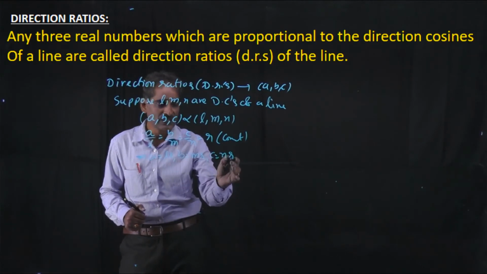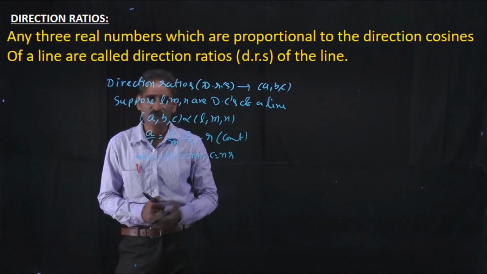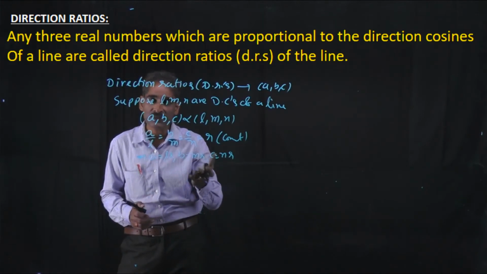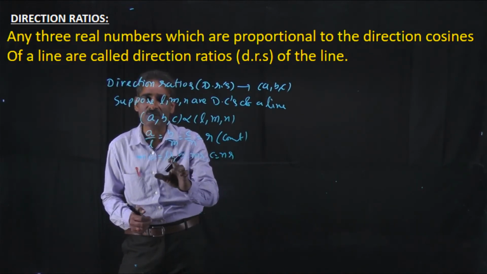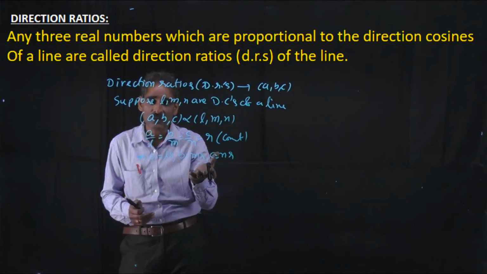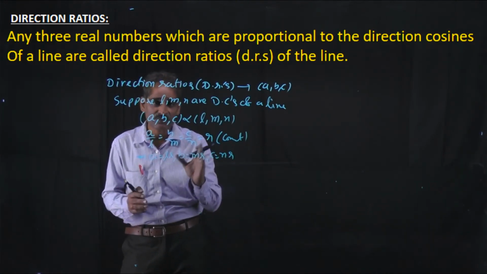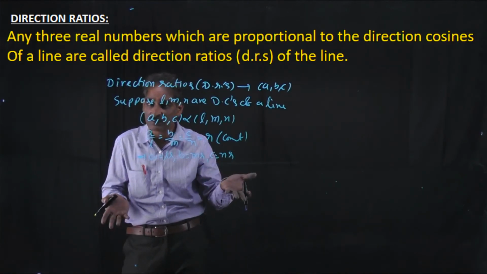Understand? If you take different values for r, we will get different sets of DRs for the same line. l, m, n are the fixed DCs for a line. So here we are getting different values of a, b, c for different values of r. From this formula, we can say that for a line there exist an infinite number of sets of DRs.